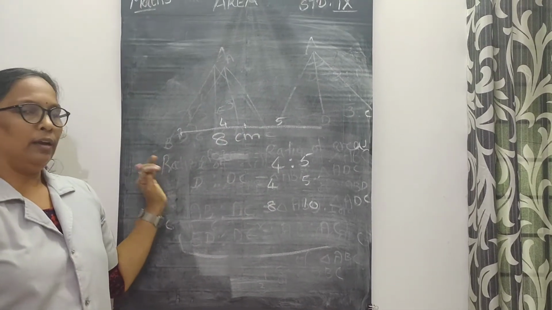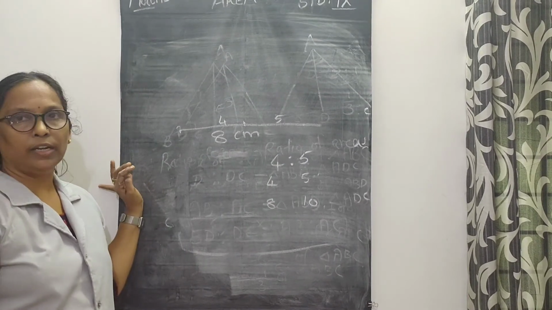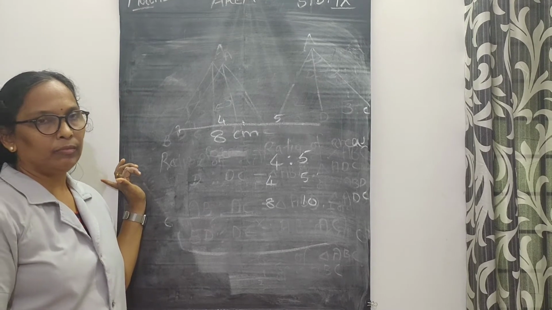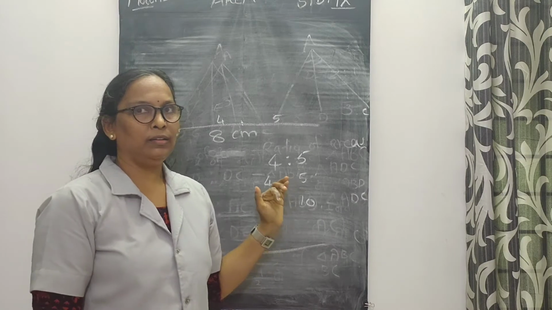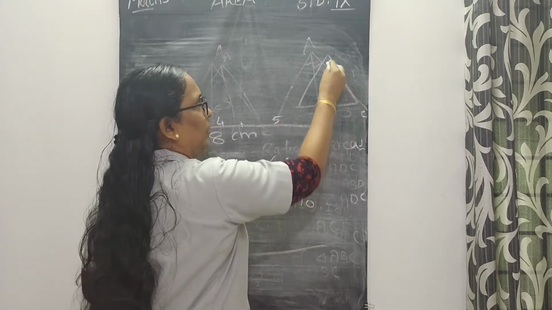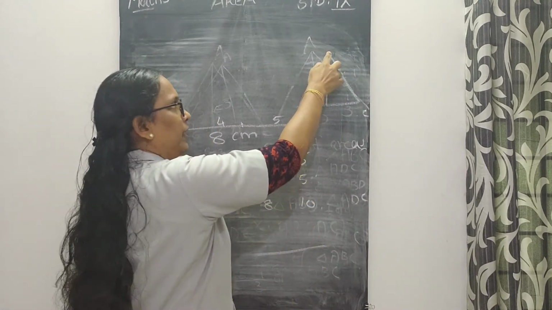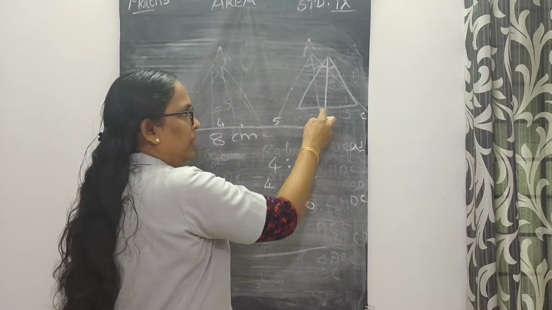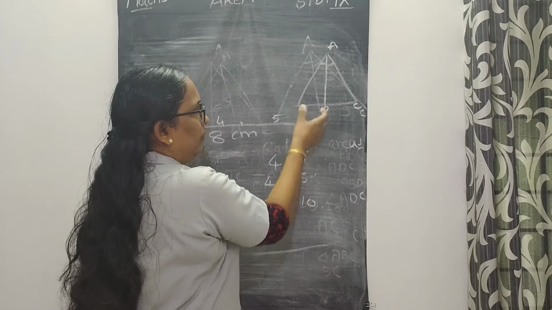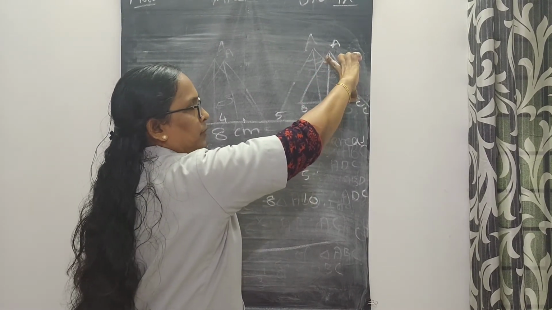Can anybody say how we can divide? We have already learned one concept. What is that concept? Anyone? Yes, what is it? In a triangle, if this line is the bisector of the angle, then BD is to DC equal to AB is to AC.